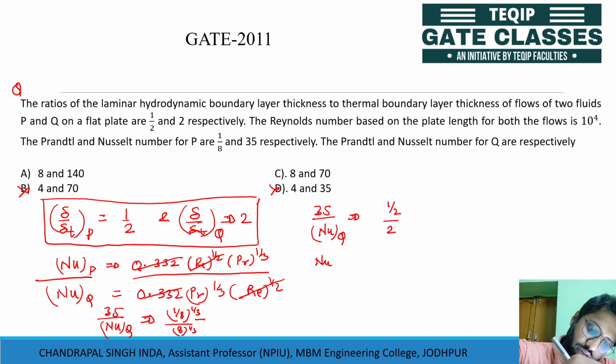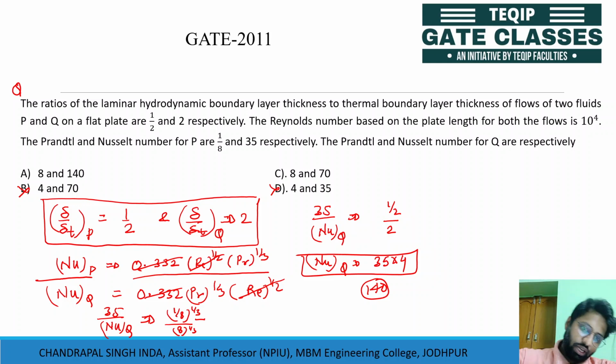Then the Nusselt number for Q will be 35 multiplied by 4, which is equal to 140. So option A is correct. This is how we are required to use the empirical relationship for laminar flow.